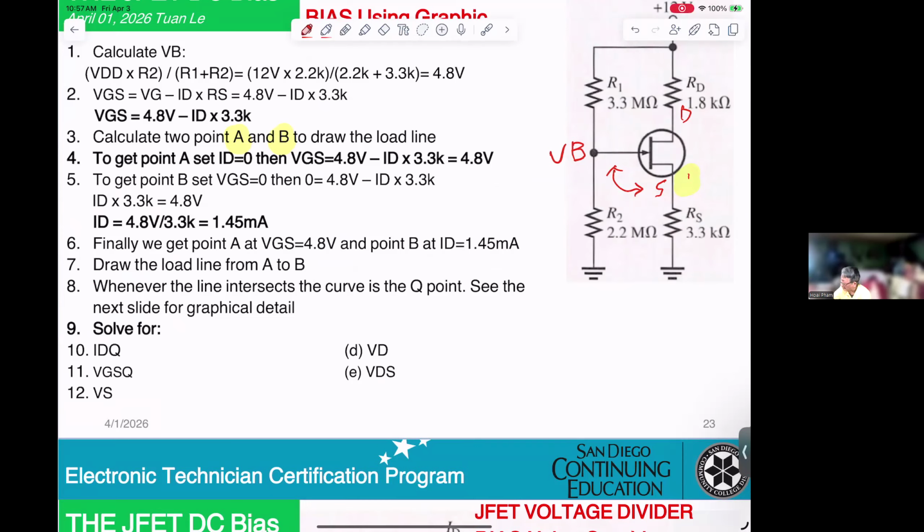You can see the formula right here: VGS equals VG minus ID times RS.